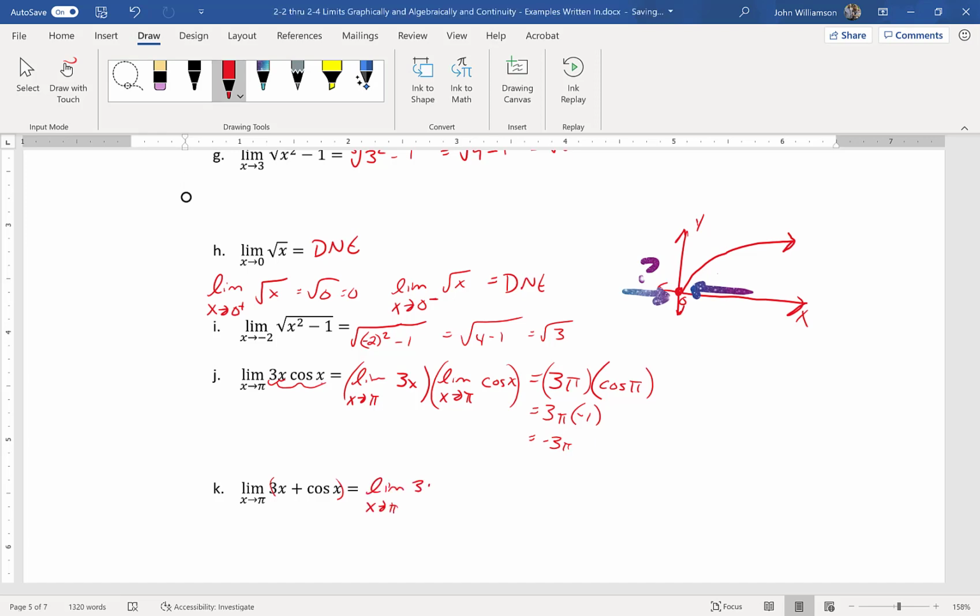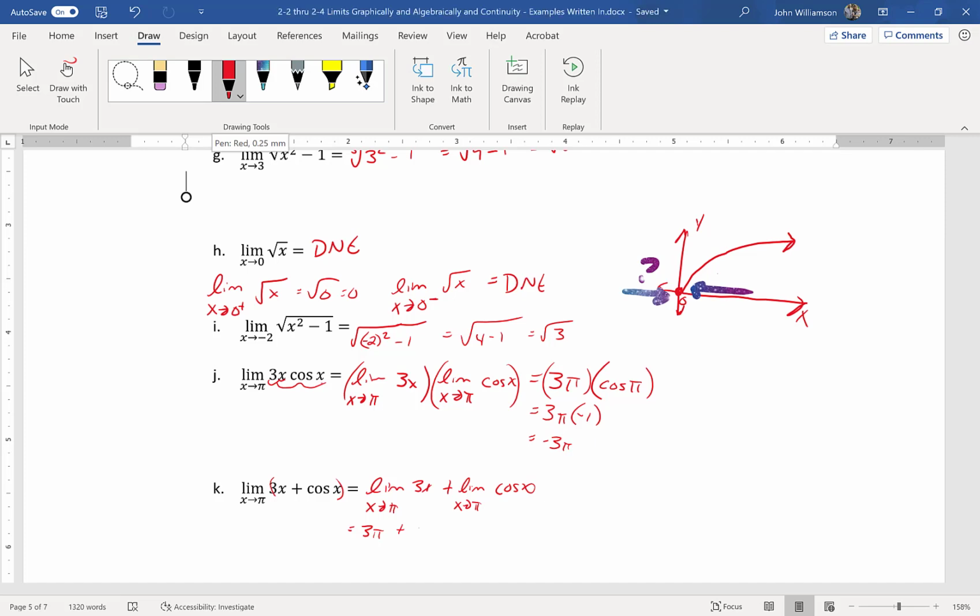And so if we do that, now we know the limit as x is approaching pi of 3x. We've already established we can direct substitute, so that just becomes 3 pi plus the limit as x is approaching pi of cosine x. Again, we can direct substitute because pi is in the domain of cosine of x.